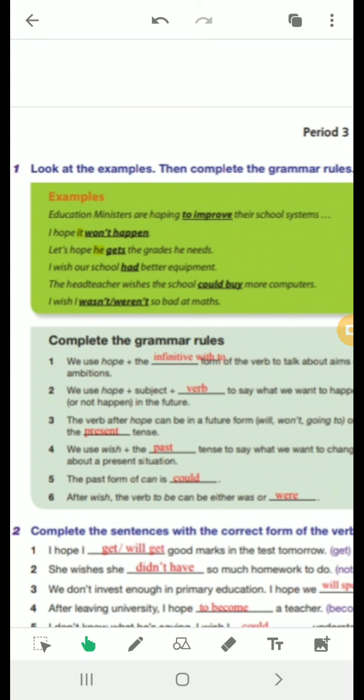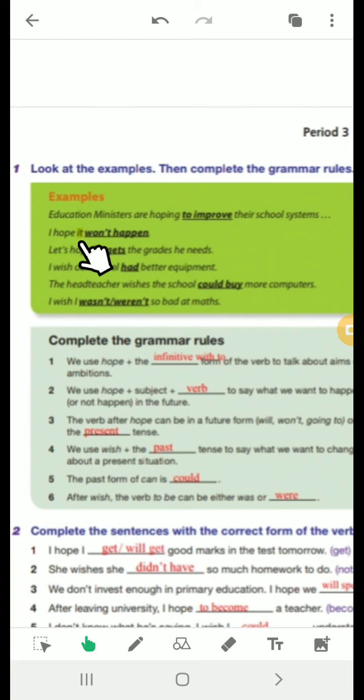Now, what do you notice about these 3 sentences? In these 3 sentences, we use hope, hope, hope. Also, what we use after hope in the first sentence, we use here to plus infinitive, to improve. In the second one, we use it.